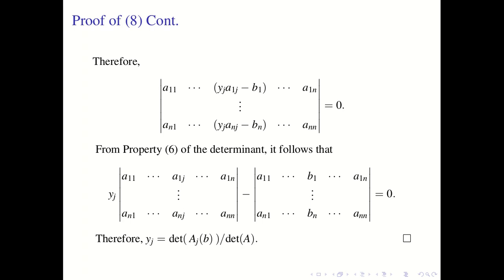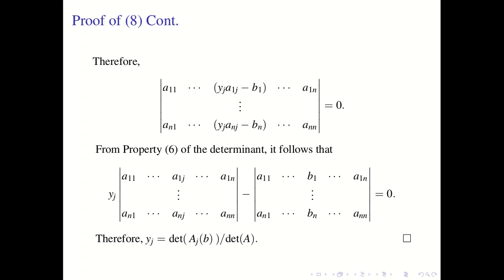So using that property, we can write yj times the determinant of A, with entries a11 up to a1n, an1 up to ann, minus the determinant of A with the jth column replaced by b.